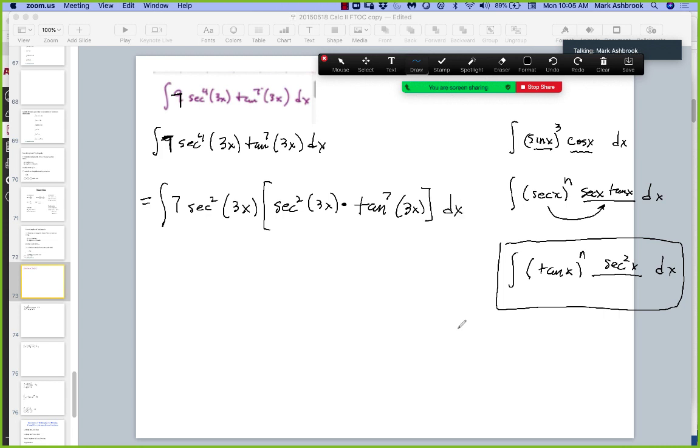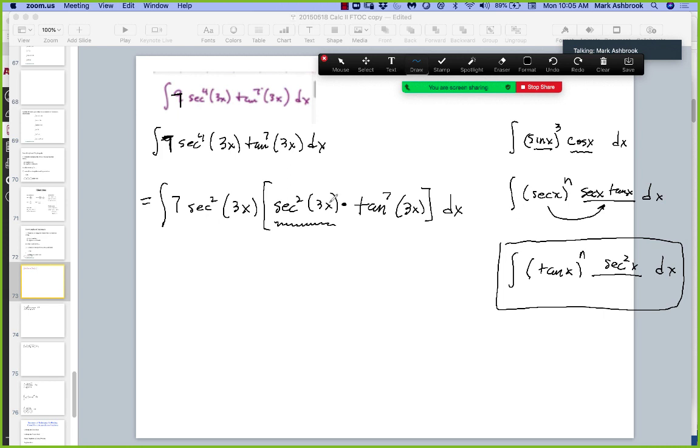Okay, so understand what we're doing. I'm seeing lots of tangents and secants, so I'm thinking, what if I could get it to look like any power of tangent times secant squared? Then I'd have undoing the chain rule. So I got my secant squared. Now I've got to get the rest to be all powers of tangent.